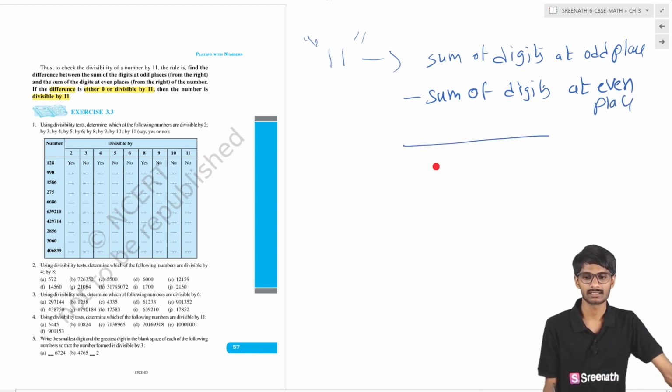The result must be divisible by 11, or be 0. Then finally, it is divisible by 11. So we will take some examples.